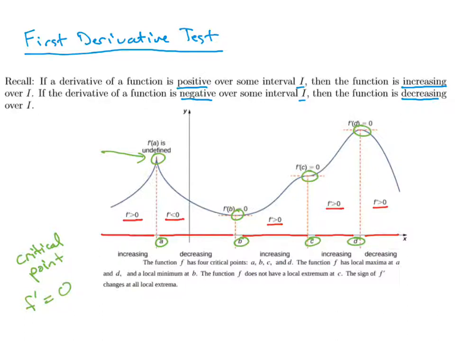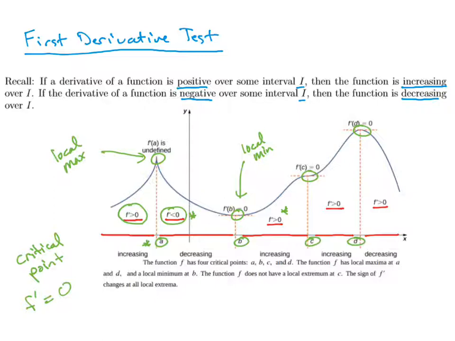What we see happening at point A here is the derivative goes from positive to negative, and so that point is going to be a local max. So when the first derivative changes from positive to negative, we have a local max. The derivative can change from negative to positive, which is what we have here. So we're going from a derivative of negative to positive, so that's going to be a local min.